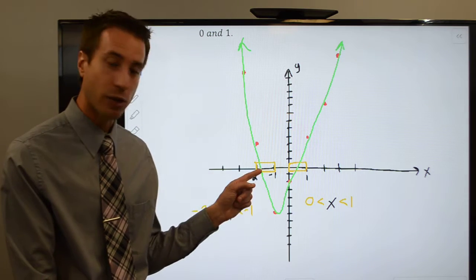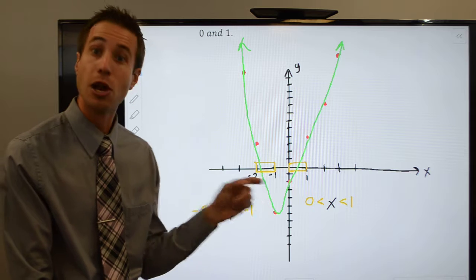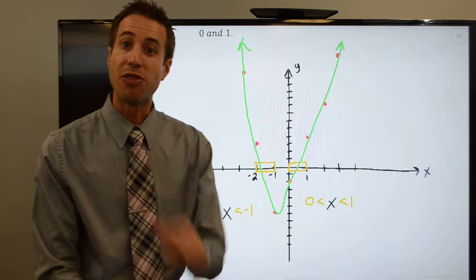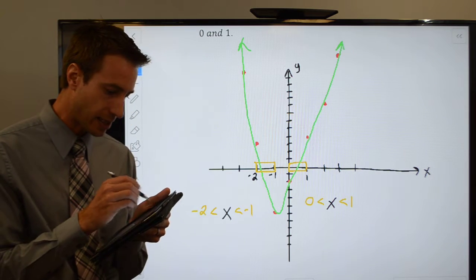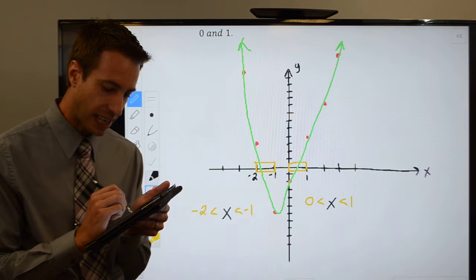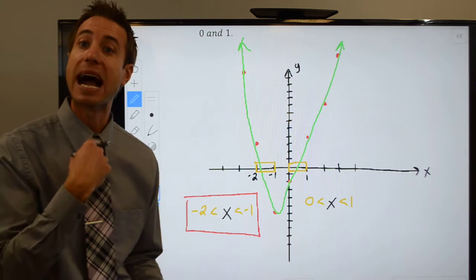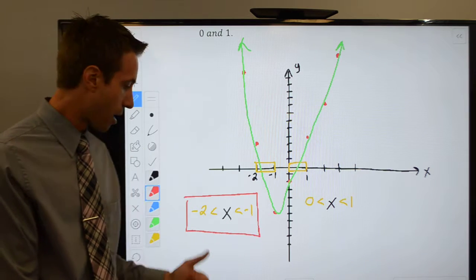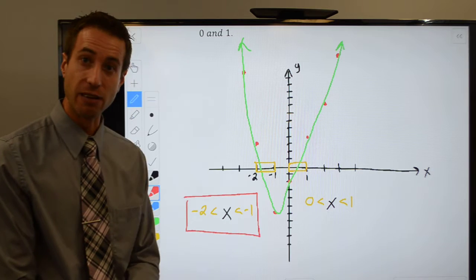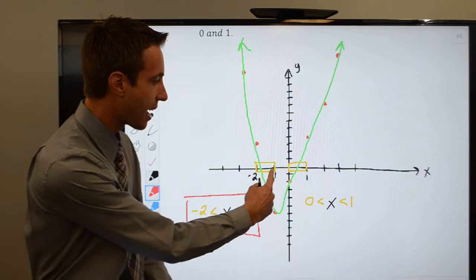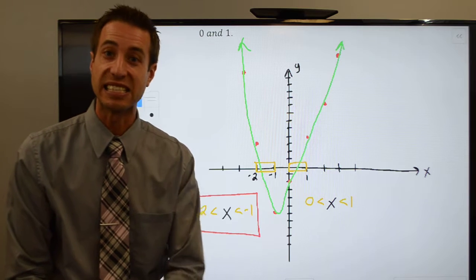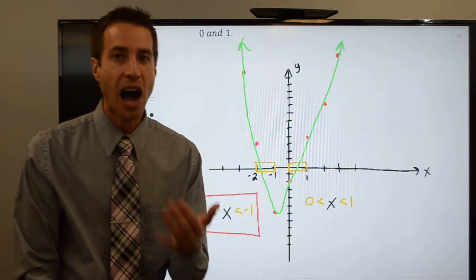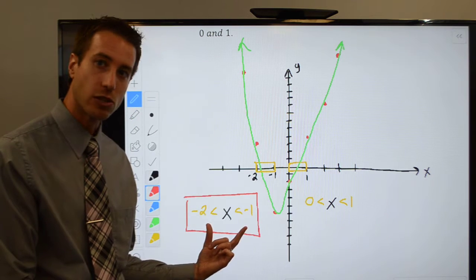Since my graph crosses the x-axis between -2 and -1, that's what represents, hopefully you guys can see the yellow, my consecutive integers. I know that my solution, x, is somewhere between -2 and -1. It's somewhere inside that box. What is it exactly? It actually doesn't matter because I didn't ask you for the exact solution. I asked you for the consecutive integers, and this is good enough.